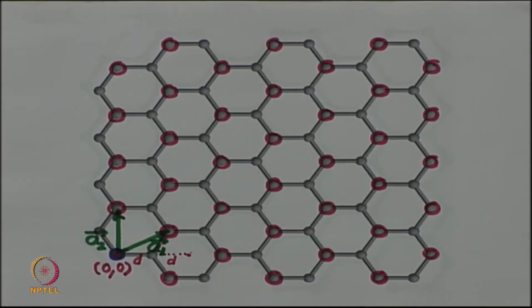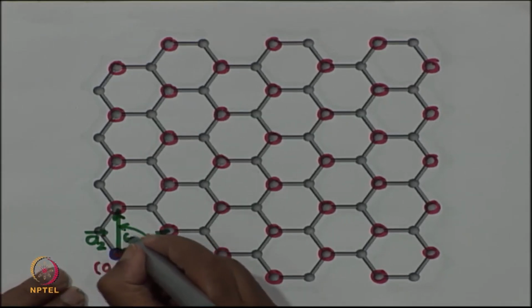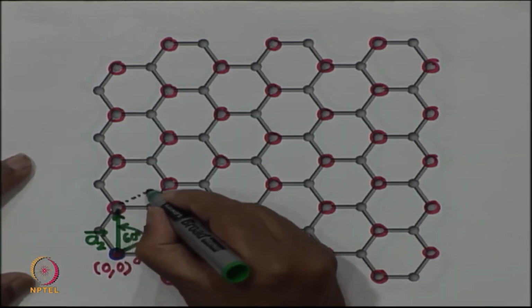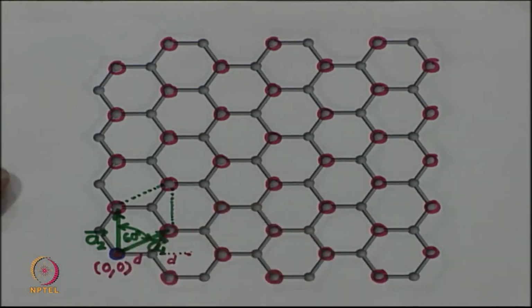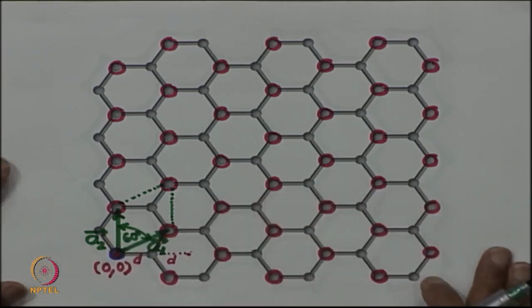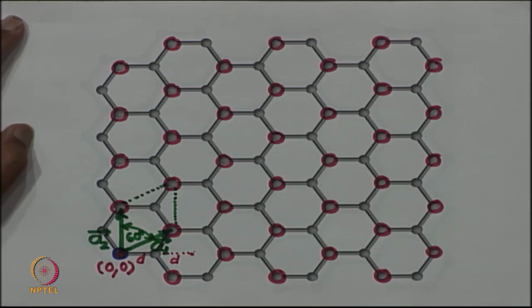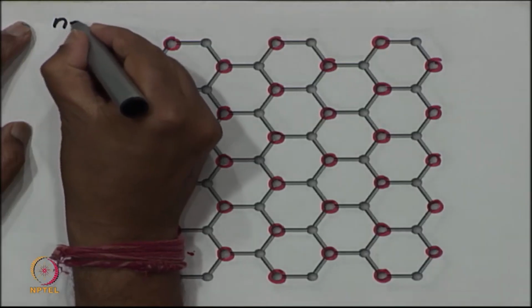These two green vectors which are at an angle of 60 degrees to each other define a primitive unit cell of graphene. If I complete this rhombus, it will be a 2-dimensional primitive unit cell of graphene. These two vectors are used to then define all lattice vectors in this graphene sheet. In this exercise, we are trying to explain the NM notation.